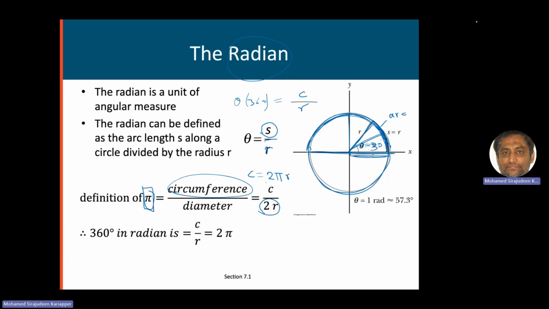Now I'm going to put it in here. Circumference is 2 pi R. Divide by R. What do you get? 2 pi. So 360 degrees is 2 pi radian. We proved it from the definition of the radian. Now we know that 360 degrees corresponds to 2 pi radian.